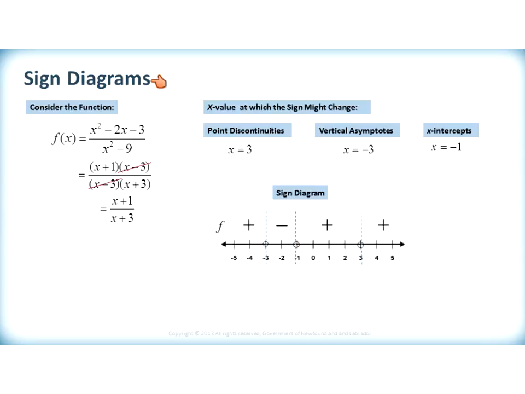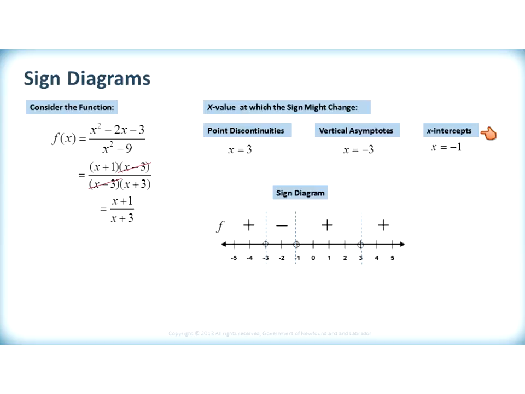So those three important features are, we look for point discontinuities or removables, we look for vertical asymptotes, and we look for x-intercepts. And the reason we have to look for those three important things is because those are the three types of points where our graph can change its sign from positive to negative.